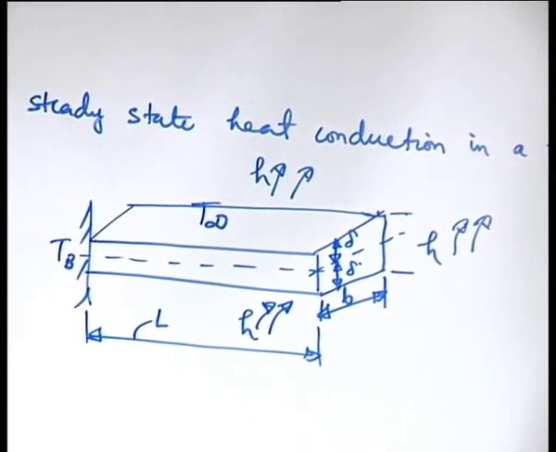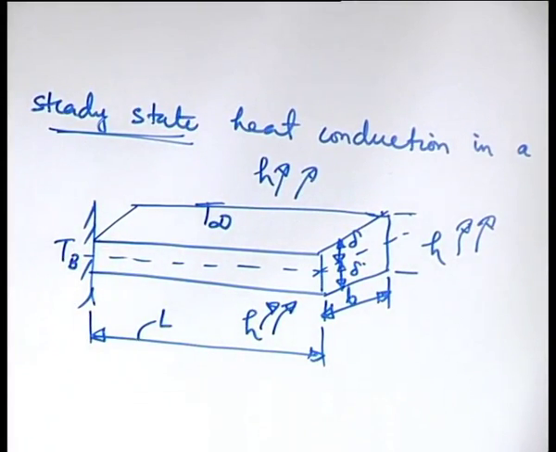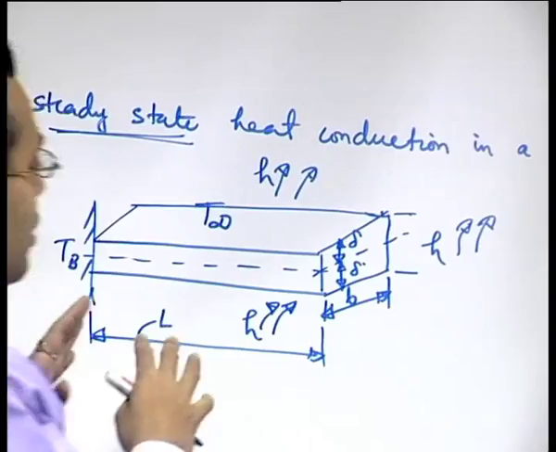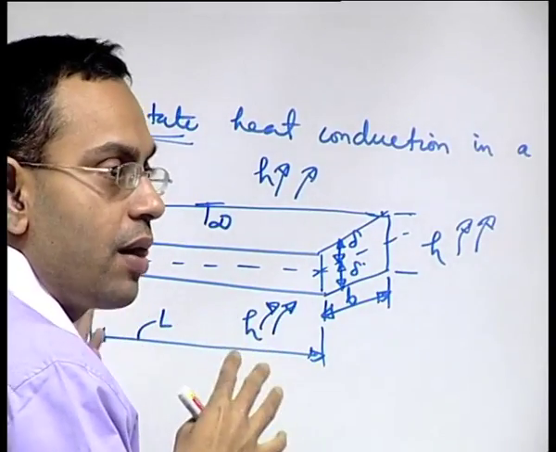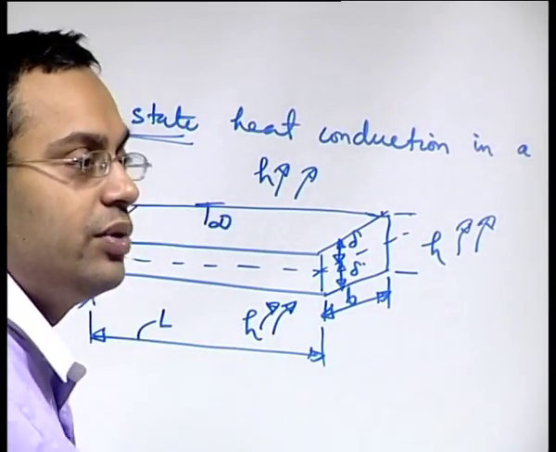So first of all let us see what is the important mode of heat transfer, then what is the directionality of heat transfer. So first we consider a steady state heat conduction, that means we consider that the fin is at a steady state, that is temperature at a given location in the fin is not changing with time.